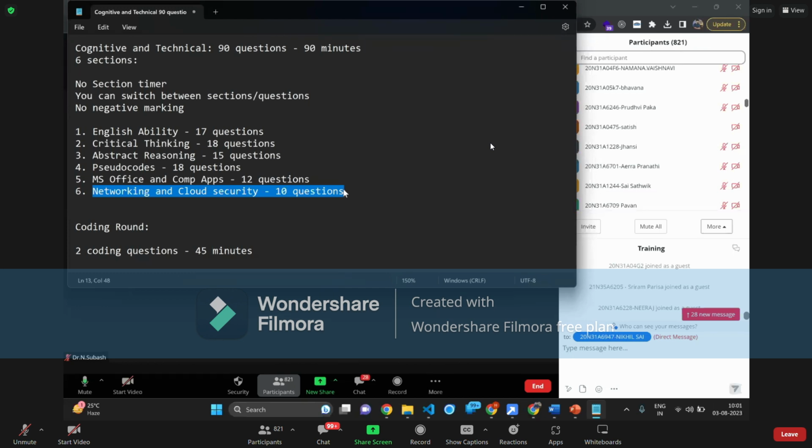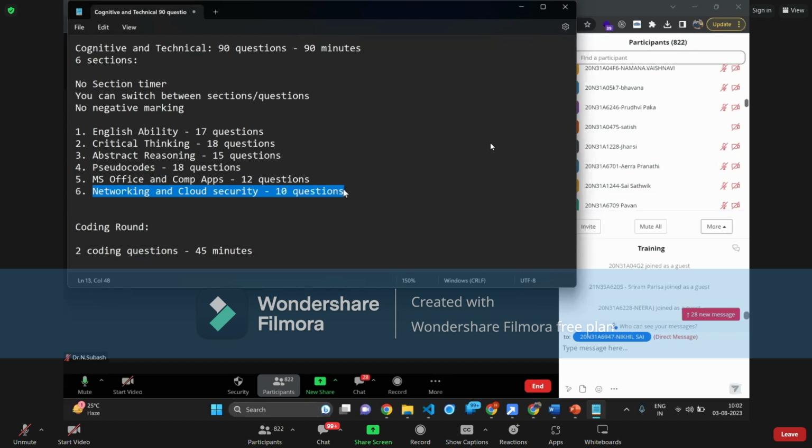Sometimes the options are like 14, 15, 16, 17, so even if you miss one iteration, plus one, minus one, gone. That is why pseudocodes or deductive sections involve a lot more human error than the remaining sections, like English, MS Office, Comp Apps, and networking.